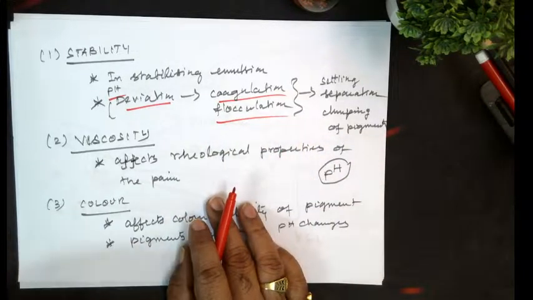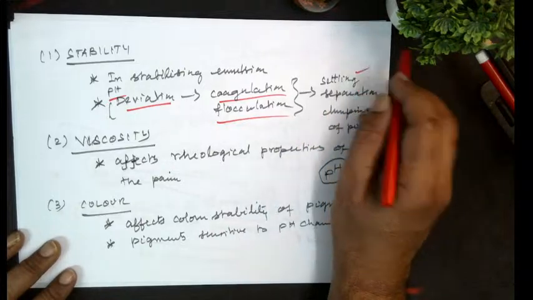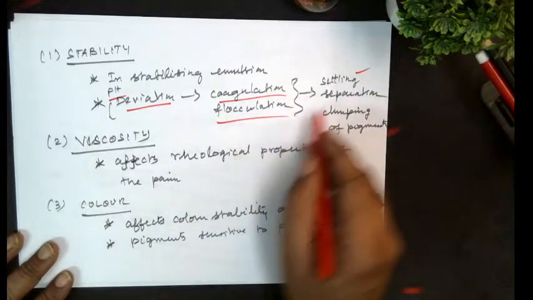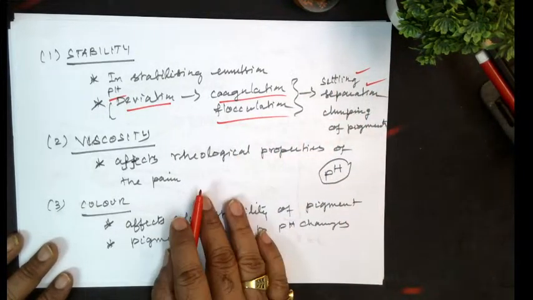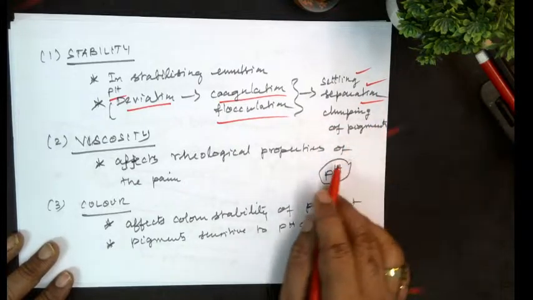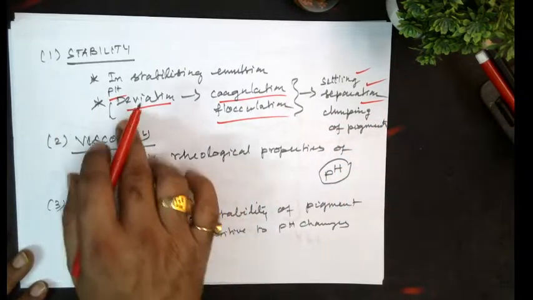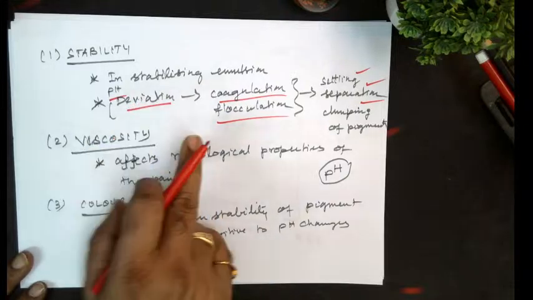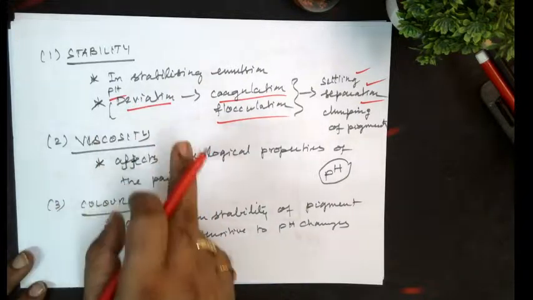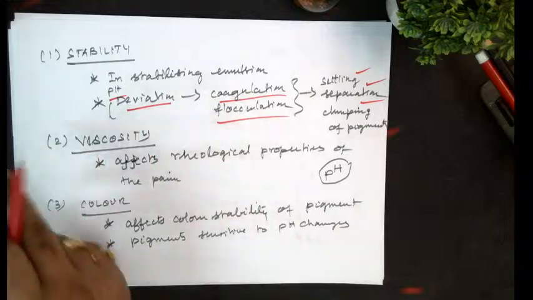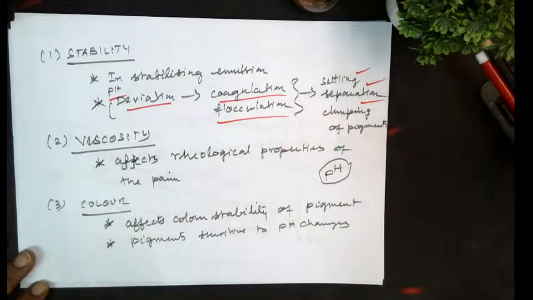So that leads to what? Settling of pigments, separation into two layers, the clumping of pigment. All kinds of dirty things will happen when the pH is not properly controlled. Do you understand? I hope you understand the importance of pH, even though the quantity to be added is very, very low, it is very crucial.